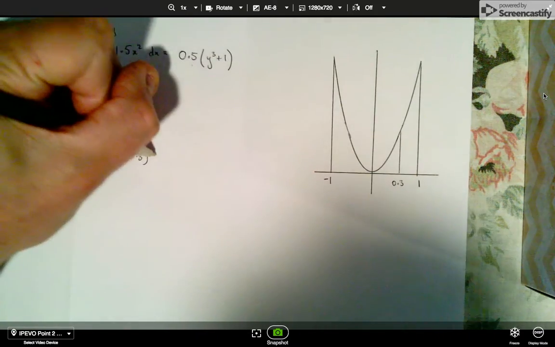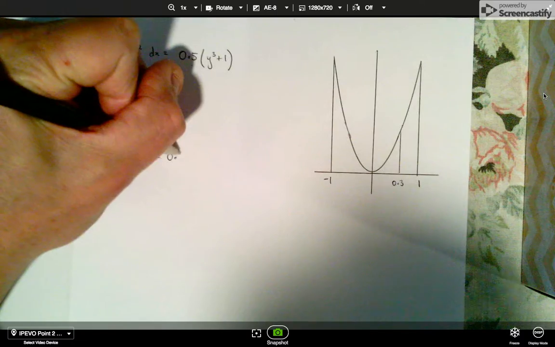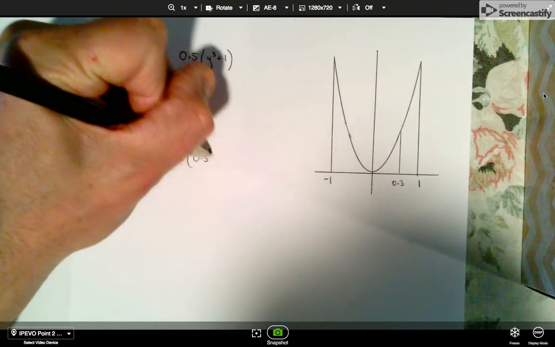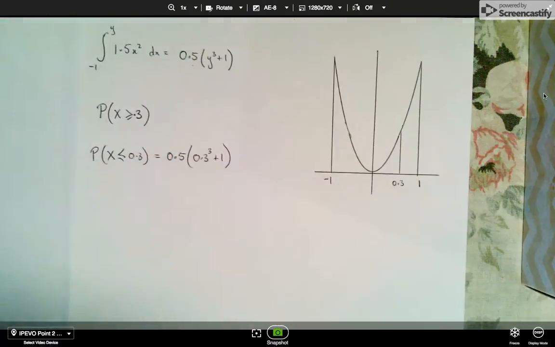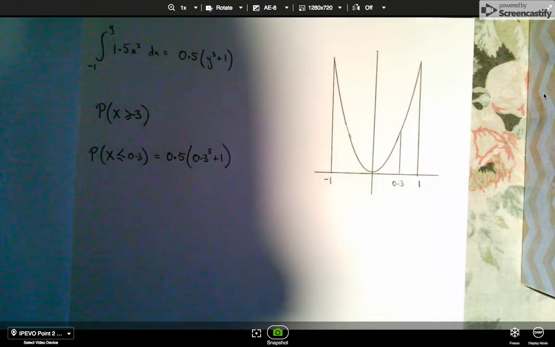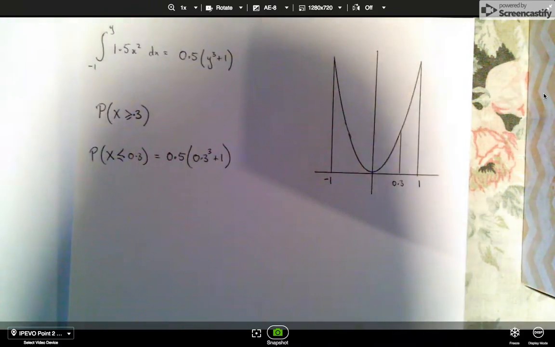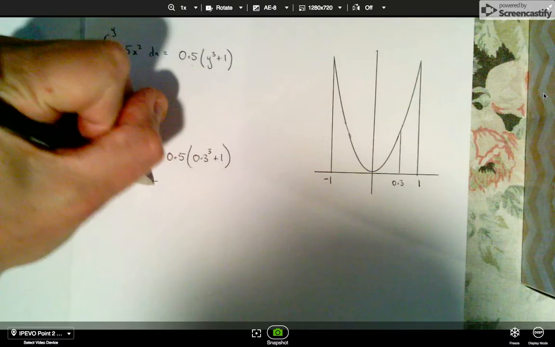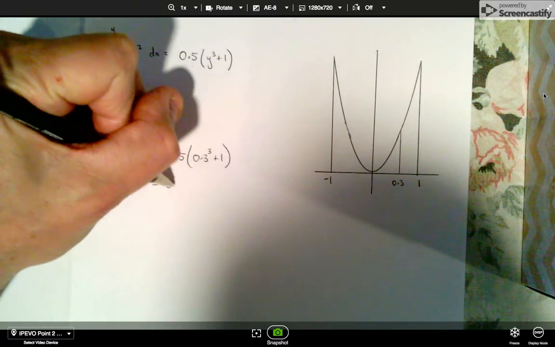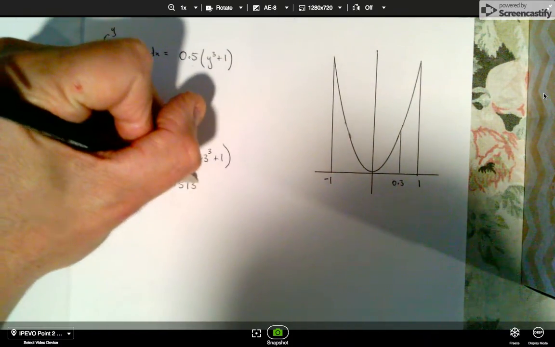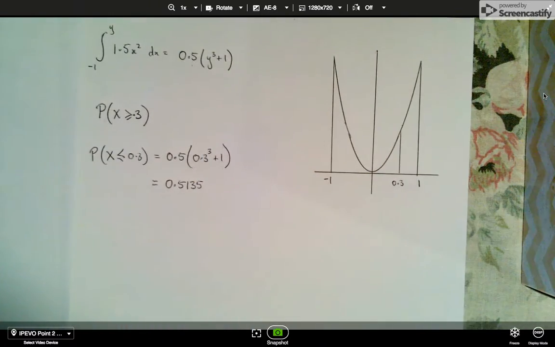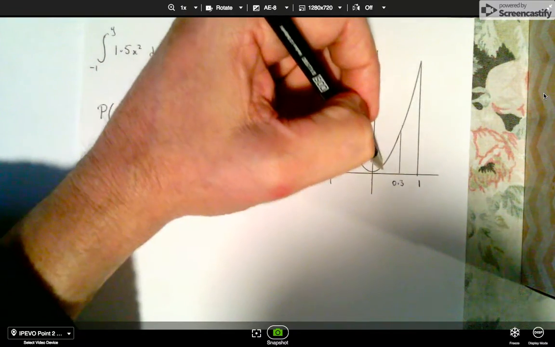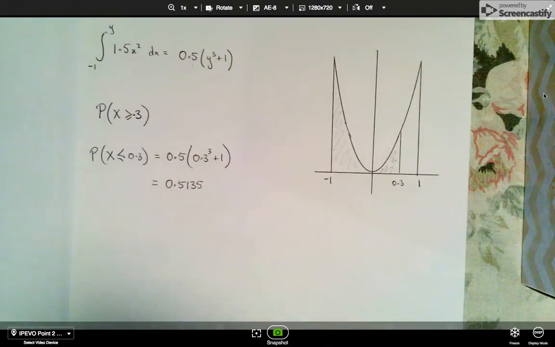So P of x is going to equal 0.5 times 0.3 cubed plus 1. And again, we can do all of that on our calculator. And what we get for this is 0.5135. But that's not the value we want, because that's this value. We don't want that value.